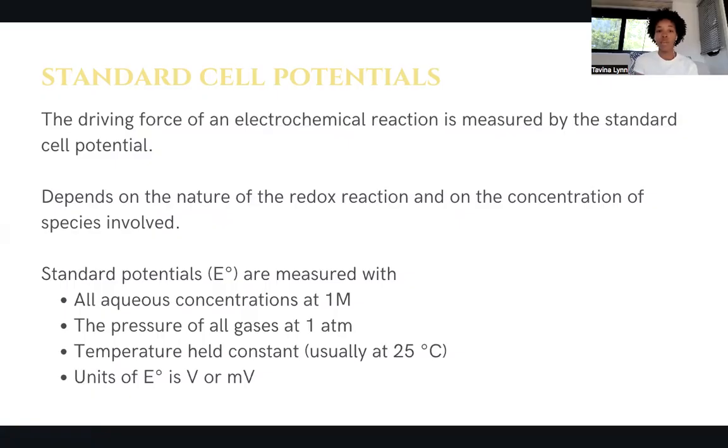At 1 molar concentration, if we're looking at gases, the pressure is 1 atmosphere, temperature is held constant, usually at 298 Kelvin. And the units of our standard cell potential is going to be in volts or millivolts.